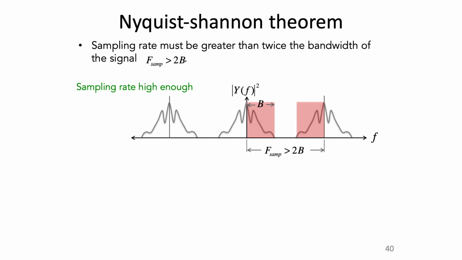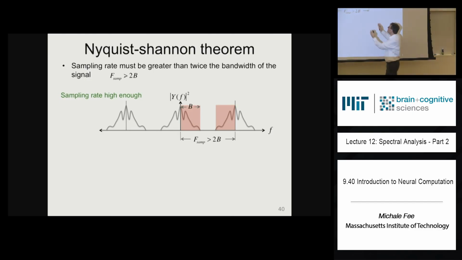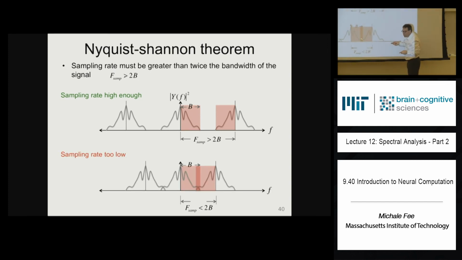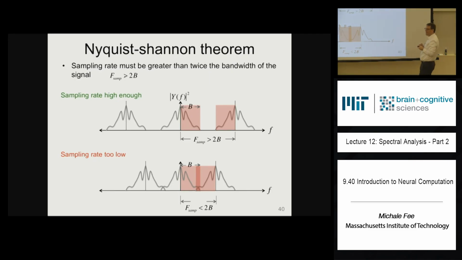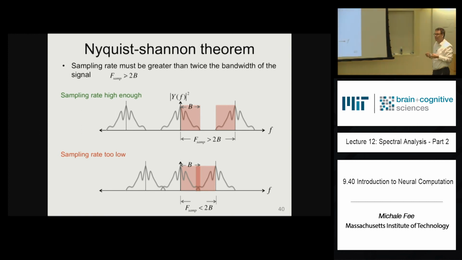So if the sampling rate is less than twice the bandwidth, what happens? That means delta t is too big. These copies of the spectrum are too close to each other, and they overlap. That overlap is called aliasing, A-L-I-A-S-I-N-G. Okay?